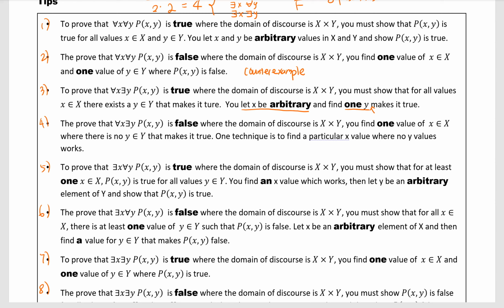And usually this y value depends on x. What does that mean? Sometimes you have to separate into cases. Depending on your x values, your y might change in the different cases. So it's not the case that you find one y that works for all the x's. Usually, different x's might have different y's.